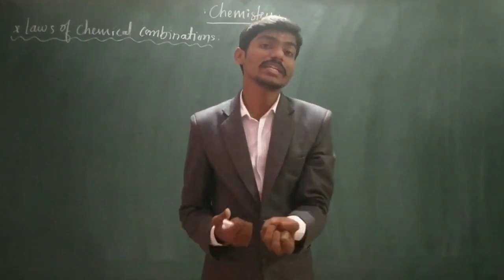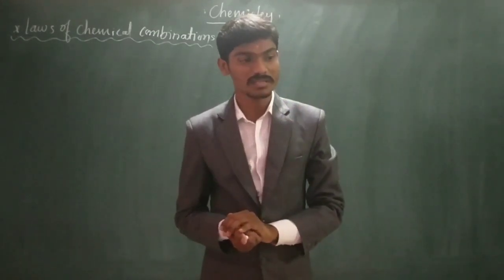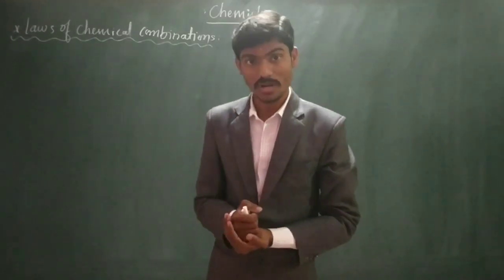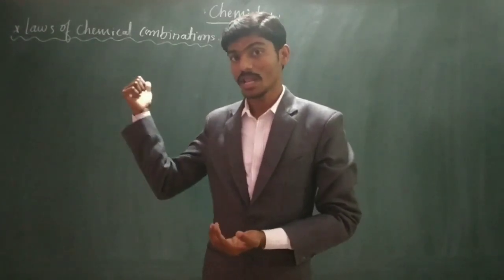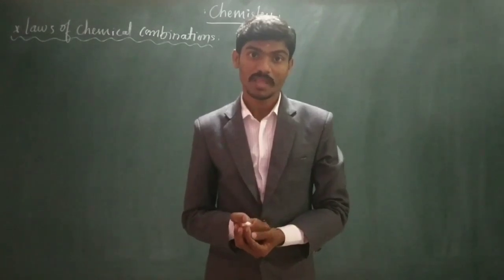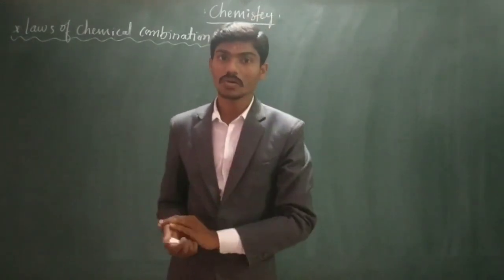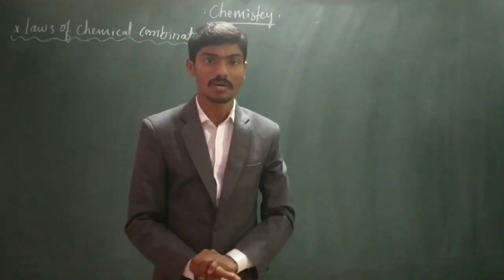During their qualitative and quantitative studies, they made some generalizations. Those generalizations we now call the laws of chemical combination. The quantitative generalizations they reported are known as laws of chemical combination.